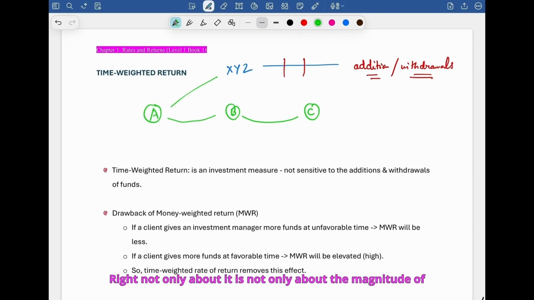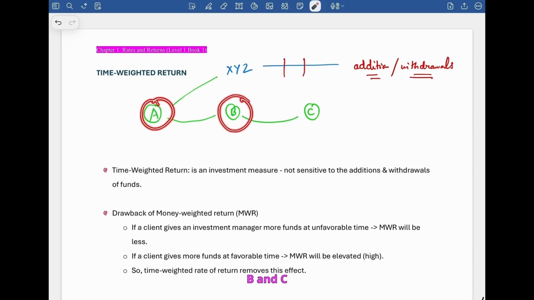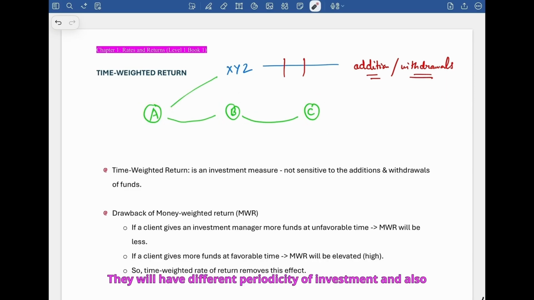It is not only about the magnitude of the investment, but the frequency of the investment as well. Each of them, A, B, and C, will have a different periodicity of investment, and their magnitude of investment or withdrawal will differ.